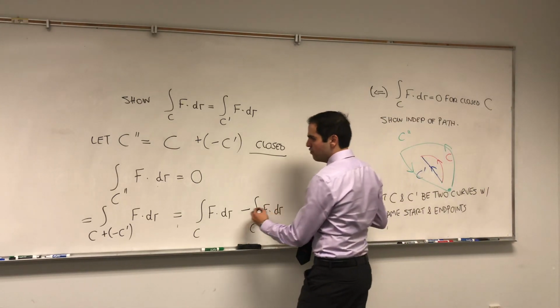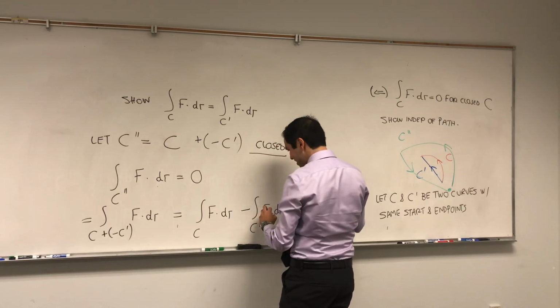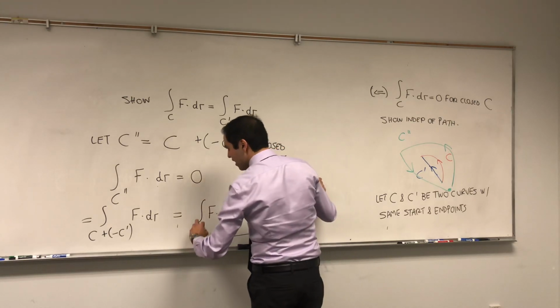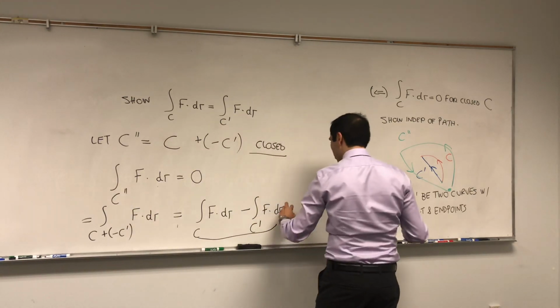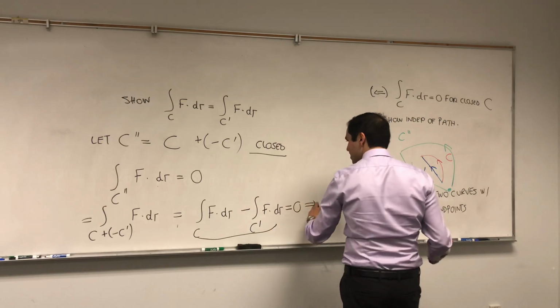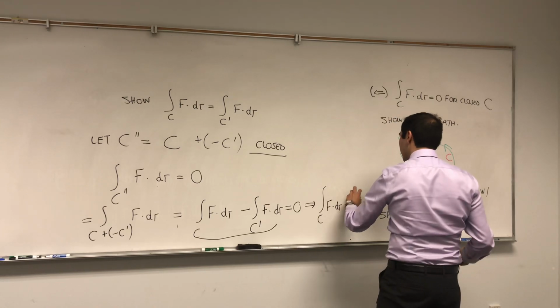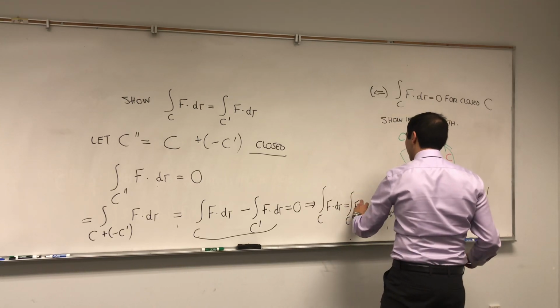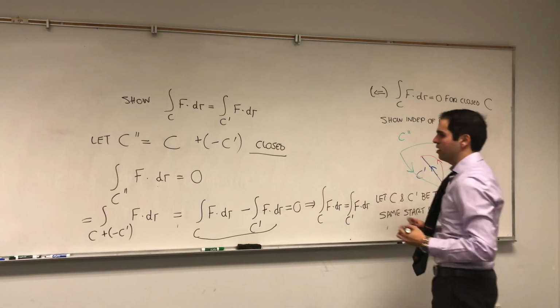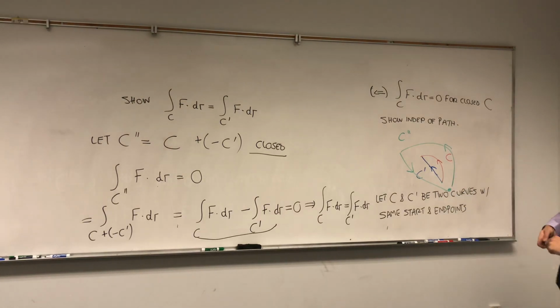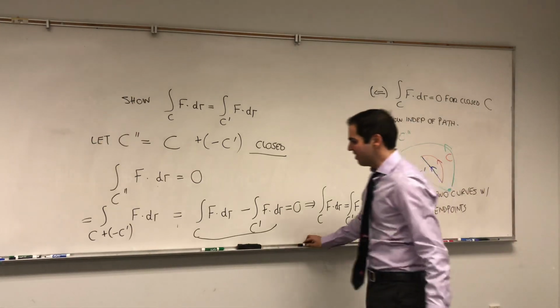And if you follow this loop, this thing equals 0. So you get the integral of f dotted with dr over C equals the integral of f dotted with dr over the new curve C prime. And therefore the line integral is independent of path.